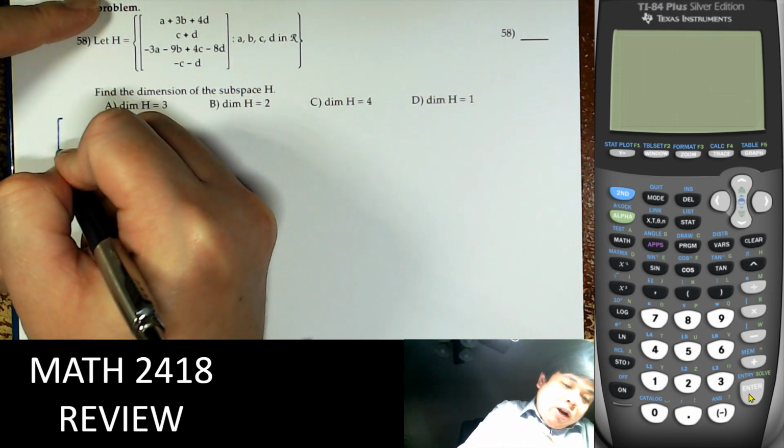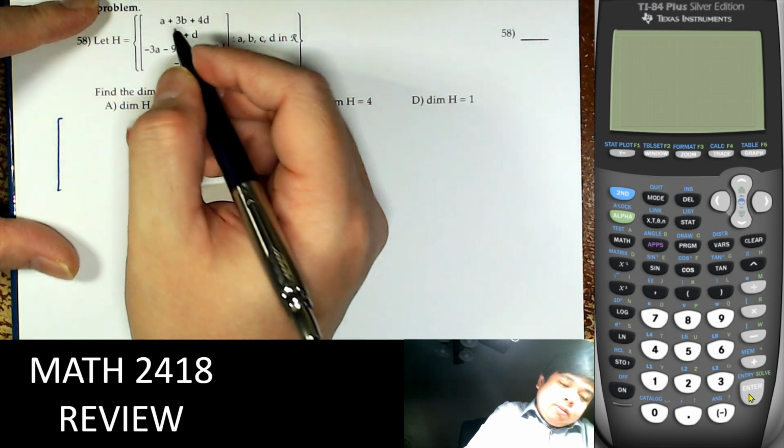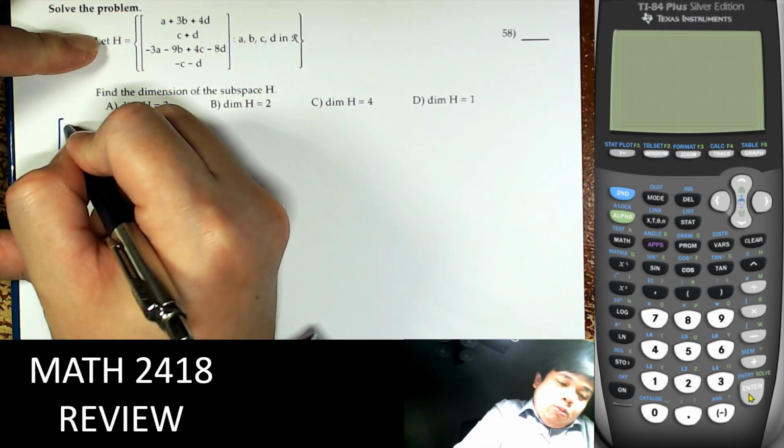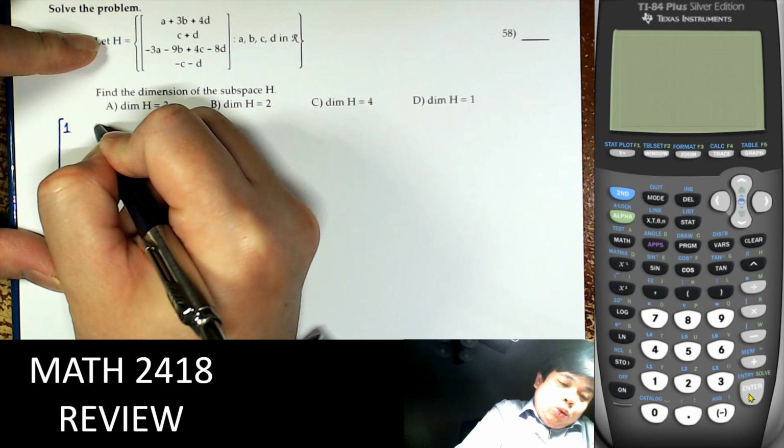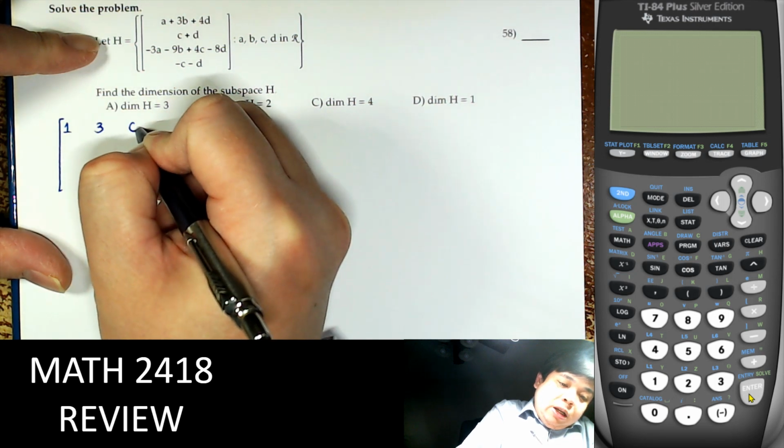So if we're going to write this in the matrix, there's 1A, 3B, no C, and 4D.